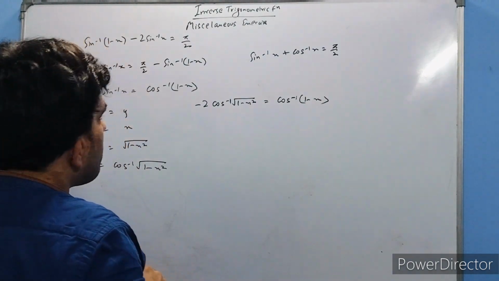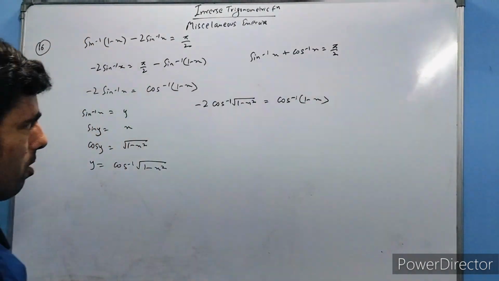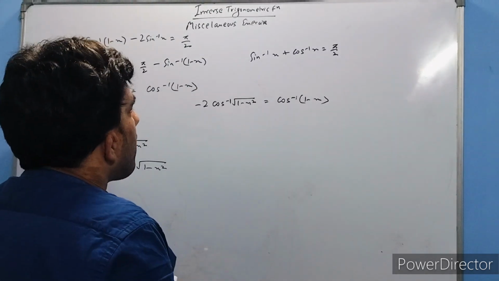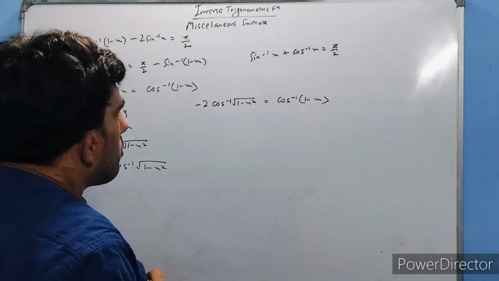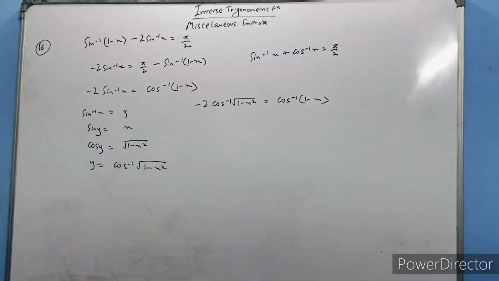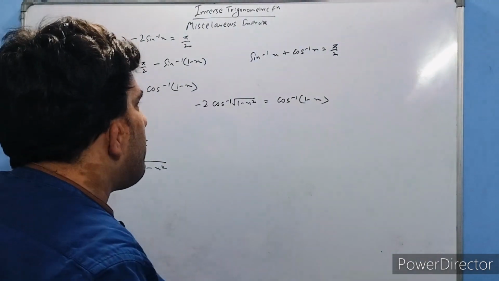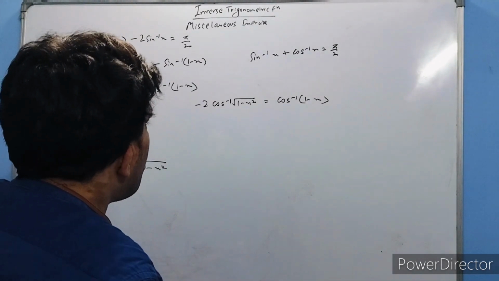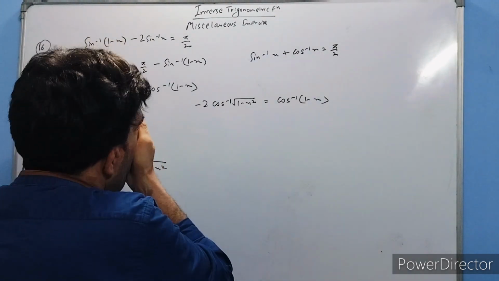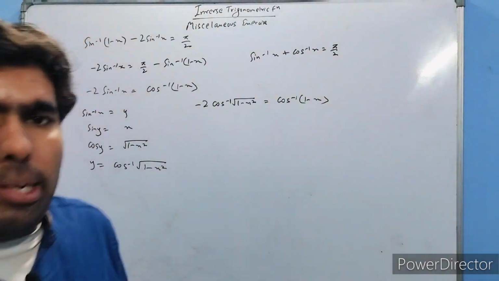So we have minus 2 cos inverse 1 minus x square is equal to cos inverse 1 minus x. Now let us see what we can do.